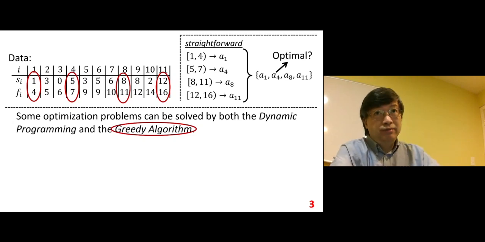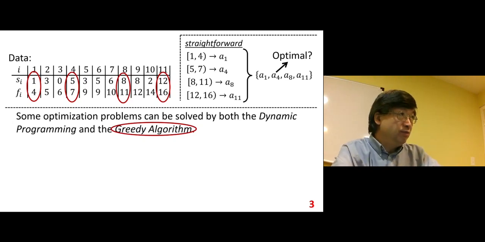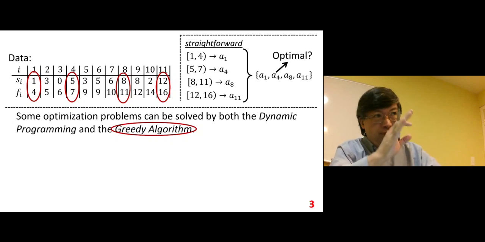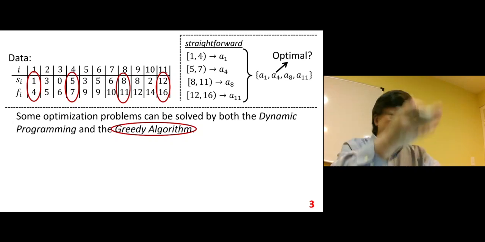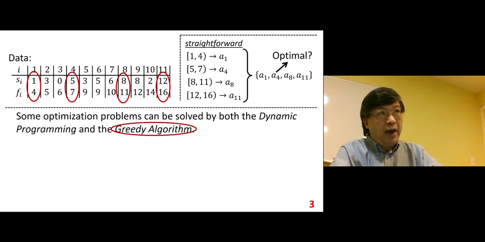Simpler, easier to find a solution. But don't forget, you need to show the optimality. That part is hard. But let's find a solution first, a fast solution. Then later we try our best to show the optimality.